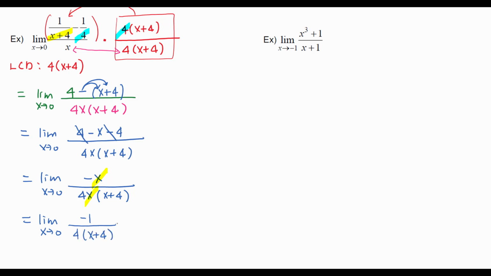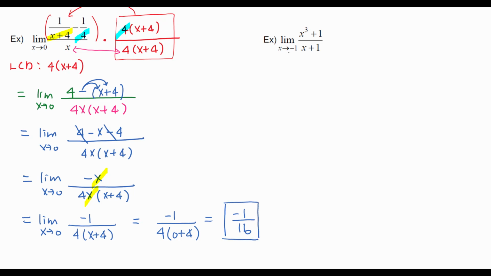Now you can go ahead and do the direct substitution, 0 for x, and that gives you negative 1 over 4 times 0 plus 4, which is negative 1 over 4 times 4, which is negative 1 over 16. So you found the limit value.